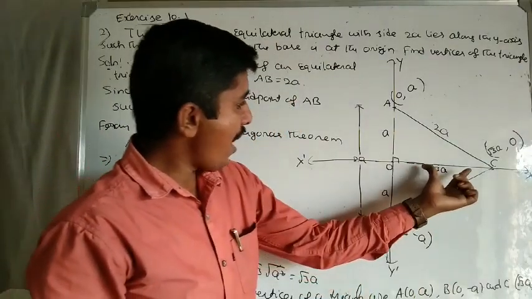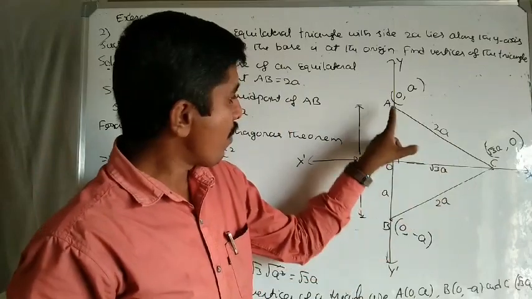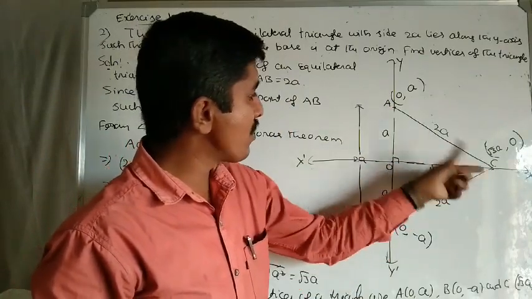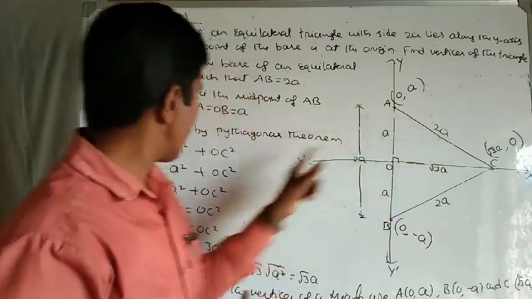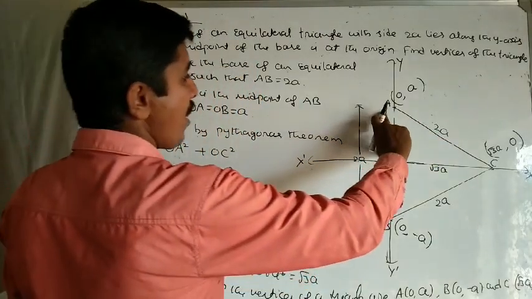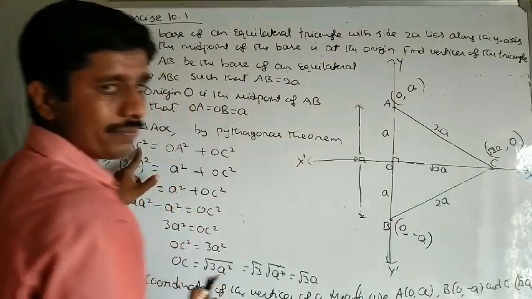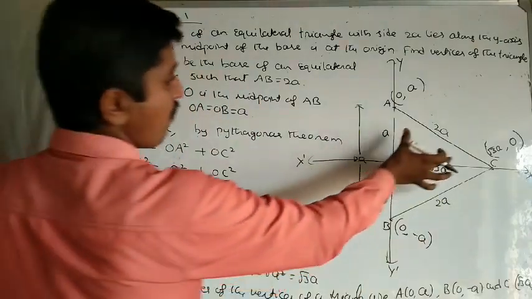Correct. Find your OC by using the right triangle. From the right triangle AOC, the square on the hypotenuse, we know that AC square equal to OA square plus OC square. Substitute the AC value from the figure.